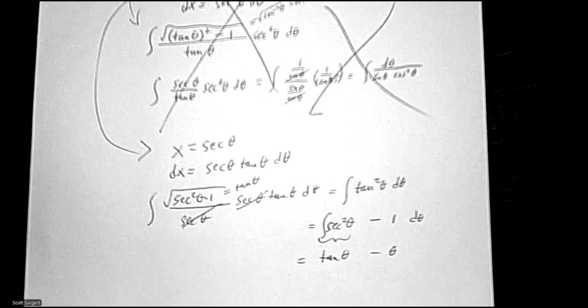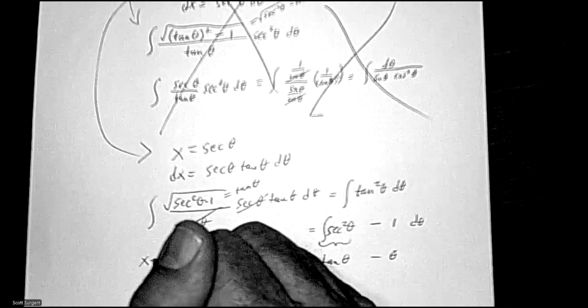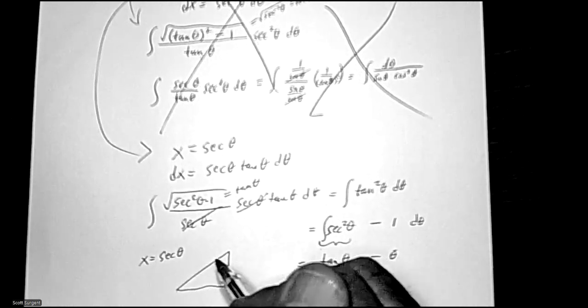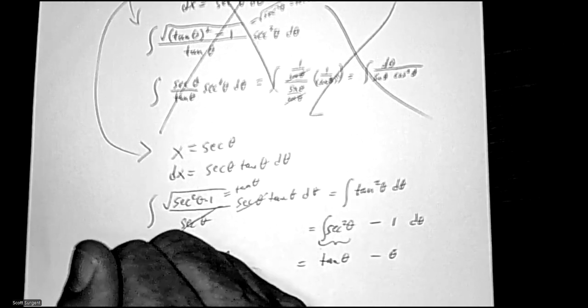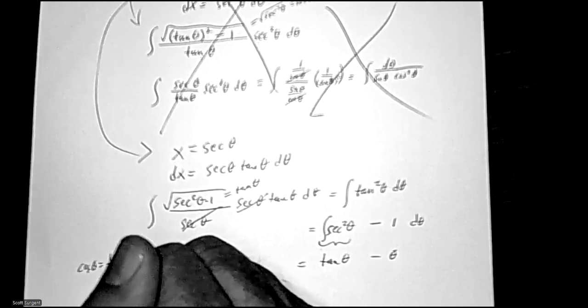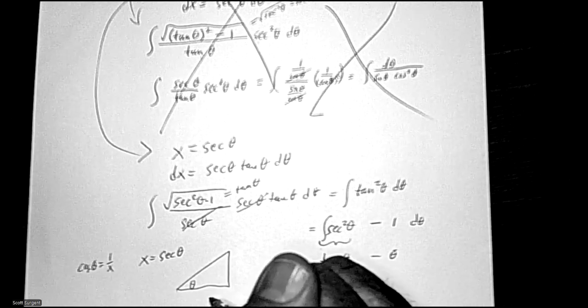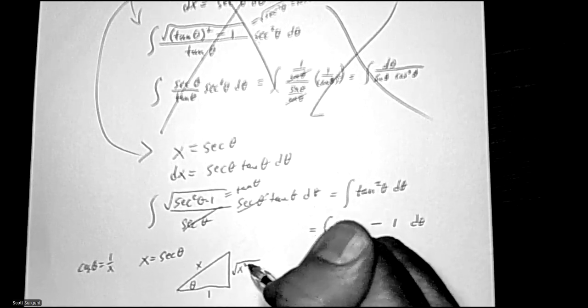And then that's nice. So then you go back to your original substitution, which was x equals secant theta. That means cosine of theta is 1 over x. So if this is theta, cosine would be adjacent over hypotenuse, so this would have to be the opposite leg.